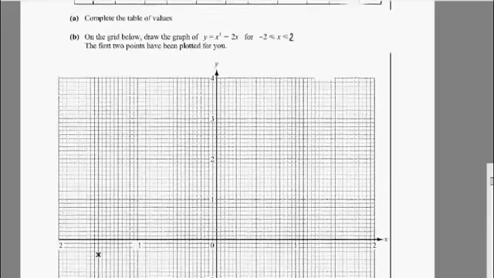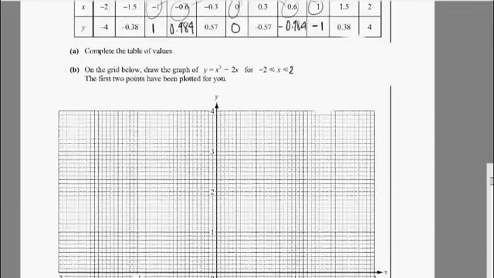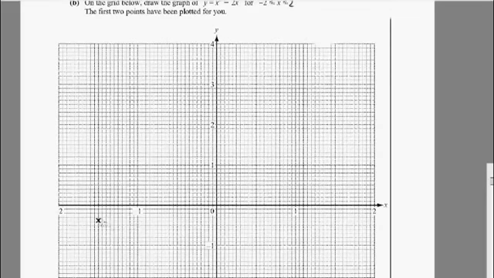We can see the first point is at negative 2 and 4, which is this one right here. And then negative 1.5 right here, and negative 0.38. So this point here at this gray line is negative 0.38.